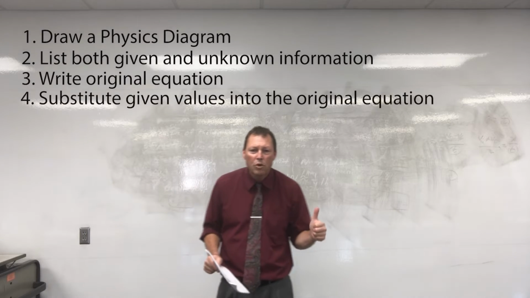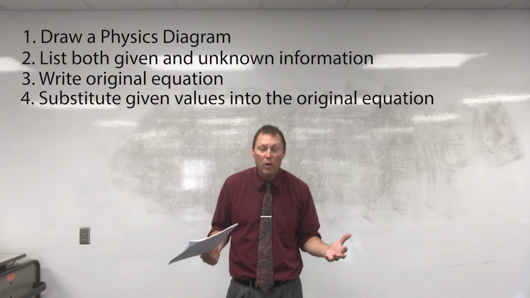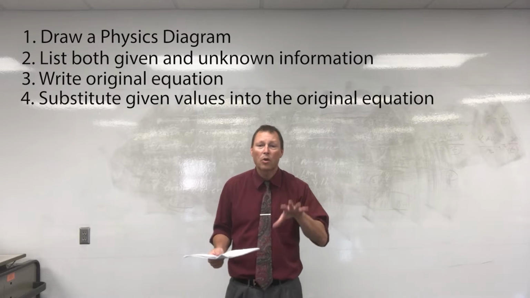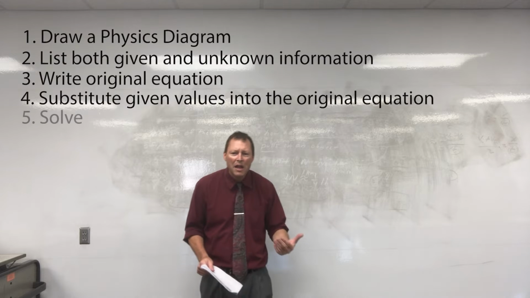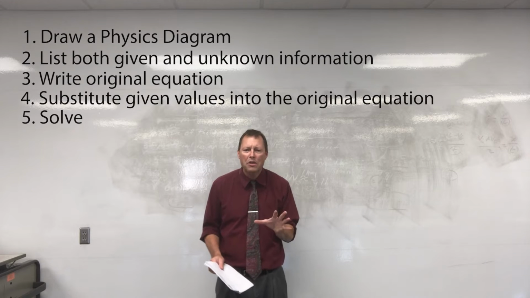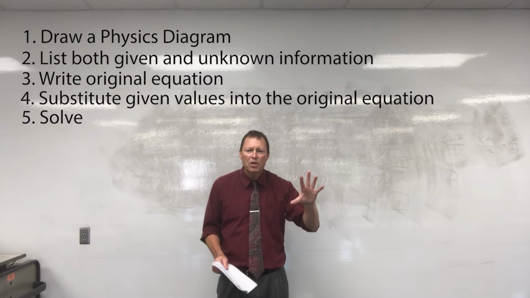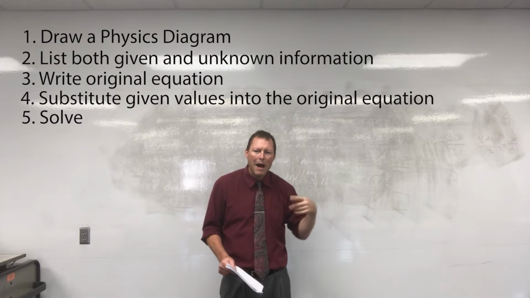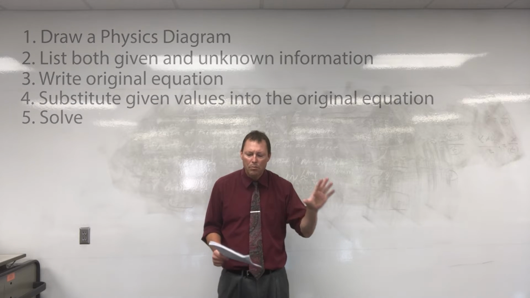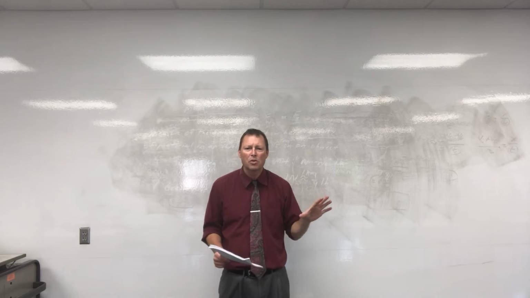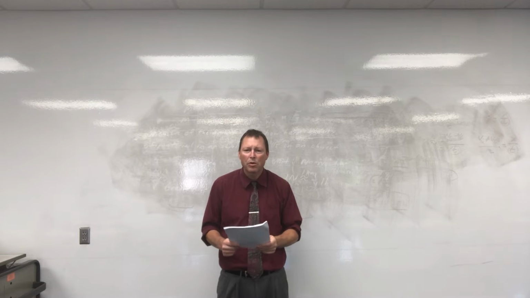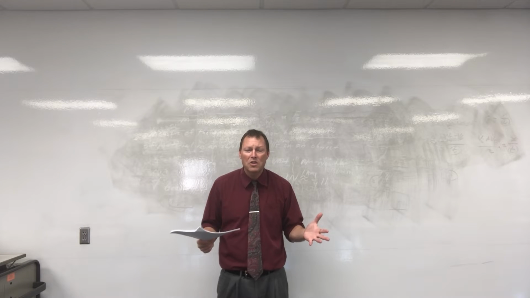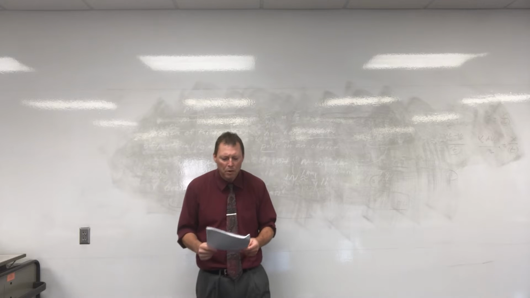Number 4, substitute in with correct units into your equation. And number 5, that's where you actually do the math and solve. You want an answer with correct units and a box around your answer. That's how I'm going to present my solutions, and that's a good best practice.